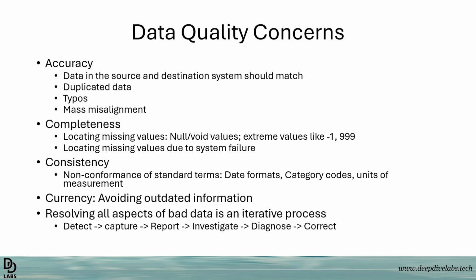So a typical way of correcting your data quality is you detect it, you capture it, you report it so that it is investigated and diagnosed, and then it is fixed by making sure that your data collection is corrected.